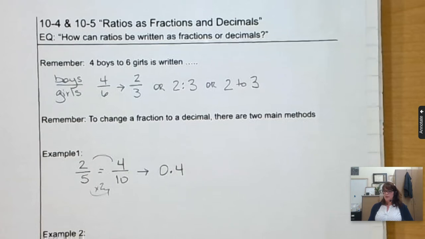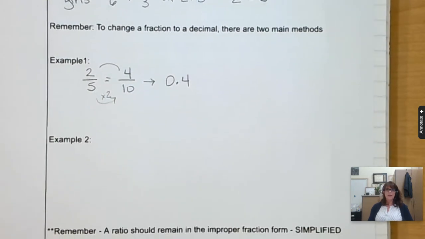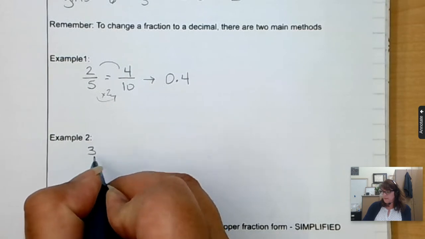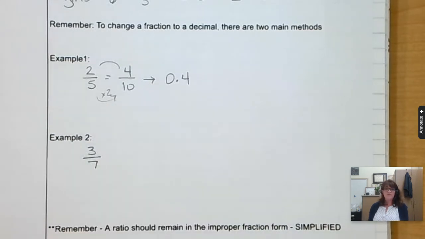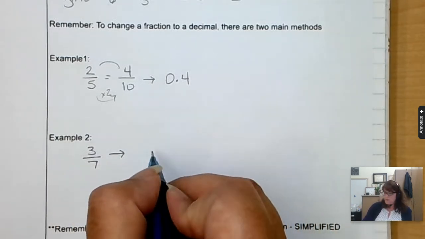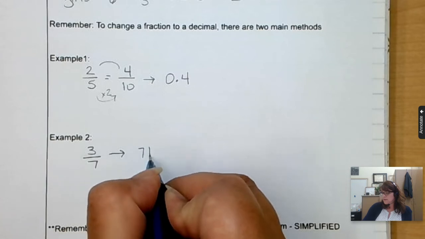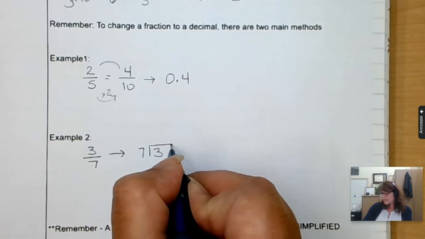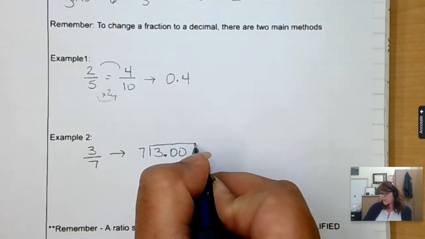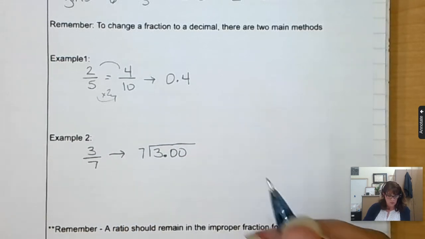Now, it doesn't always work out like that, as we saw a couple weeks ago. Sometimes we get some that look like 3/7. Well, then we just divide. And I know it's not your favorite, but it's not tragically hard.